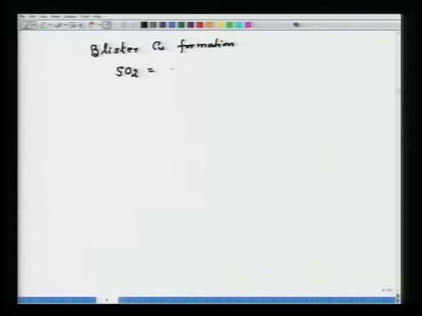So, SO2 will be equal to 29.59 and nitrogen would be 111.26, that is in kg moles.